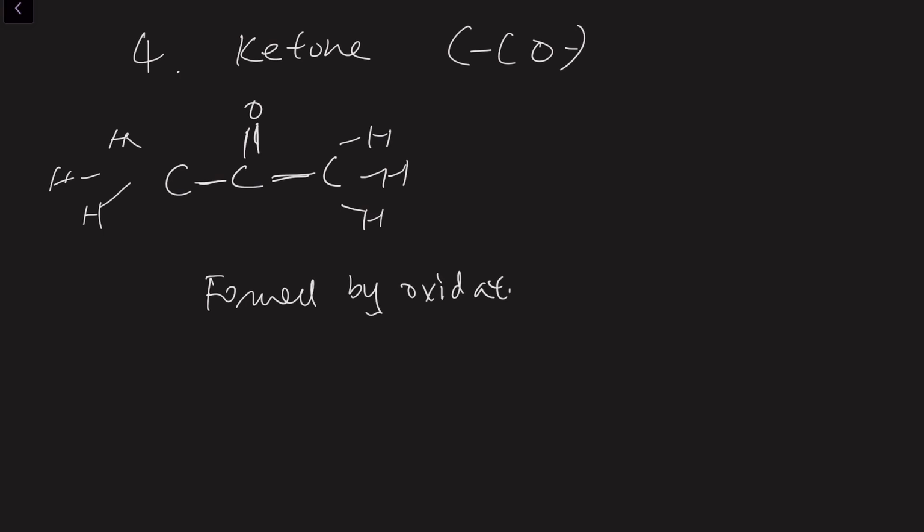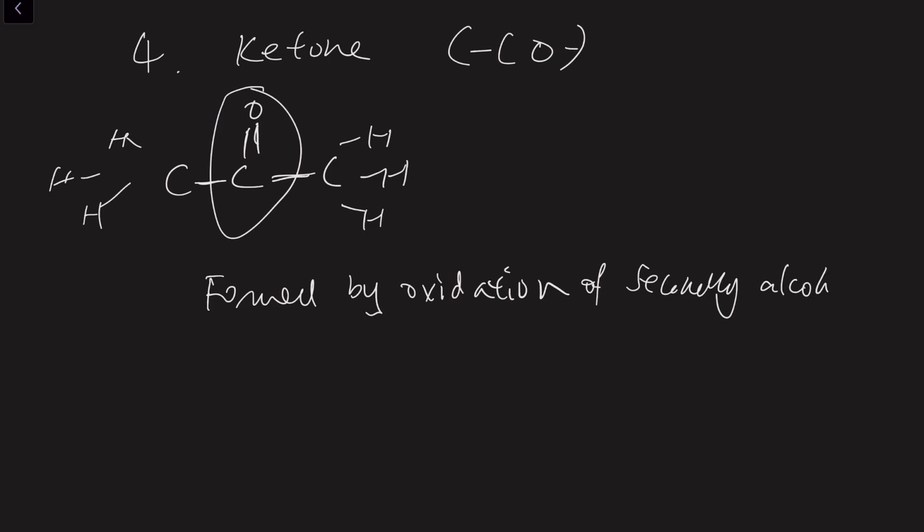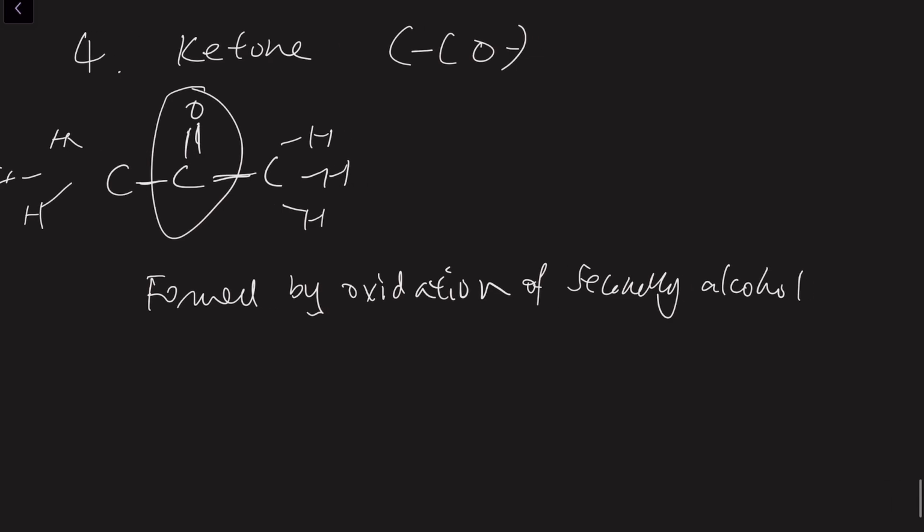But look at the position of this ketone. It is in the middle of the chain. So what does this remind you of? It should remind you of secondary alcohol, because secondary alcohol has the hydroxyl group also in the middle of the chain.